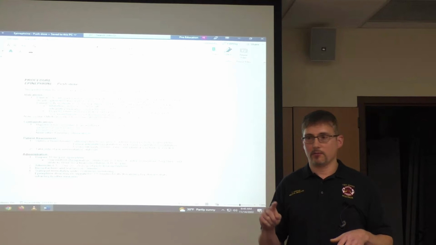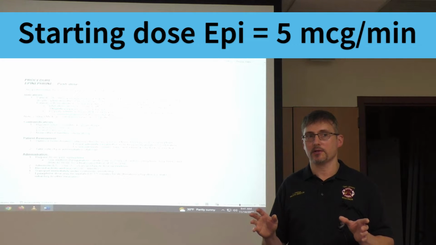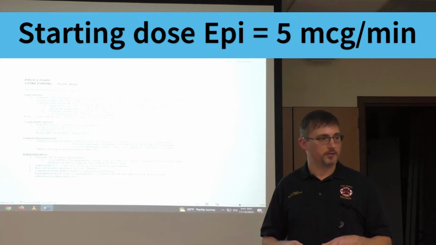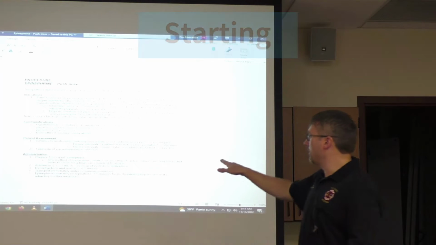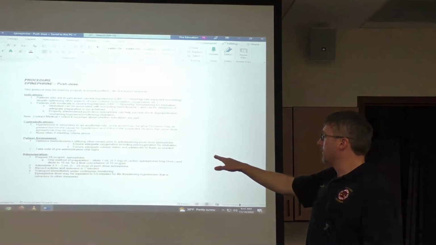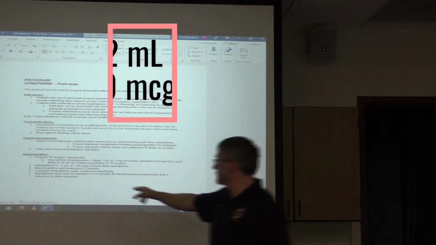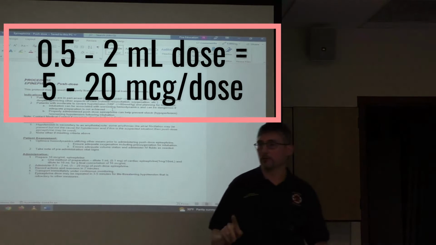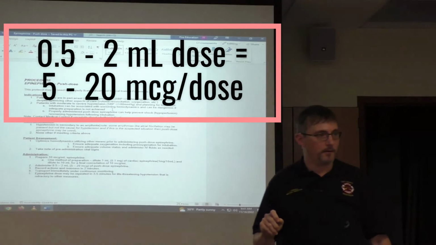So if it's 0.05 micrograms per kilogram per minute, you're looking at a typical starting dose on a drip of about 5 micrograms per minute. Does that make sense? Okay. So when we look at our protocol up here, which calls for anywhere from 5 to 20 micrograms per dose, which is 0.5 mLs to 2 mLs of that solution that we have made, that's a pretty low dose, right?